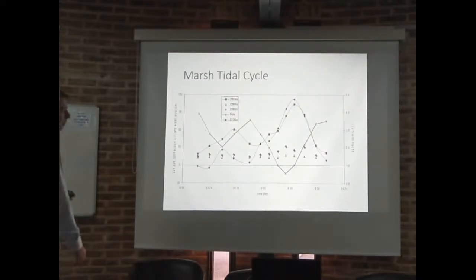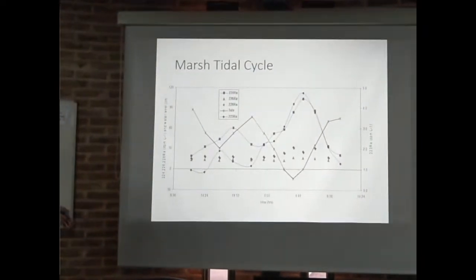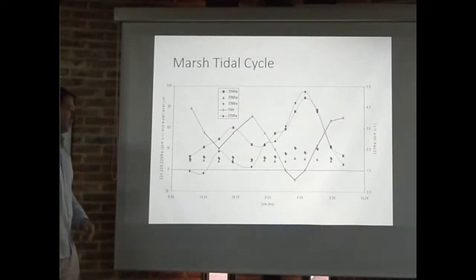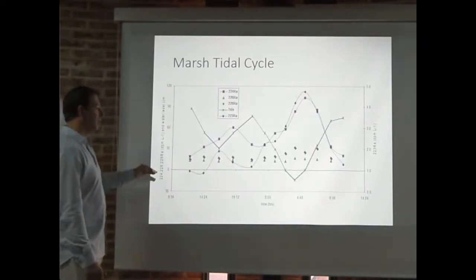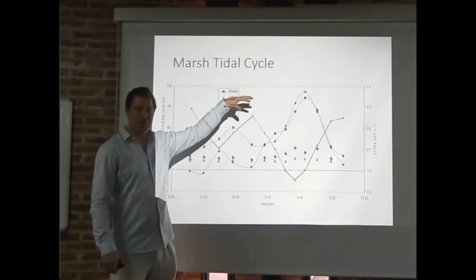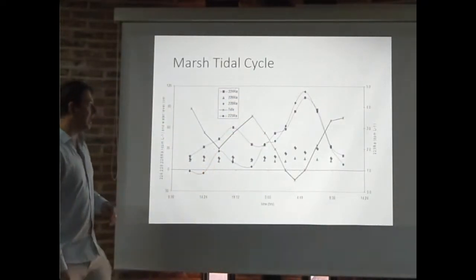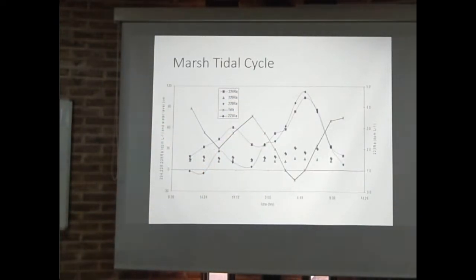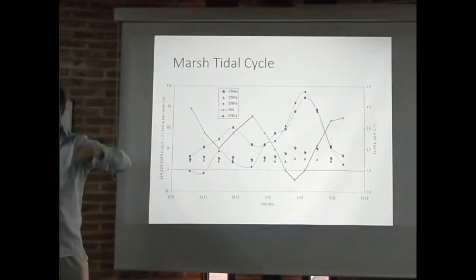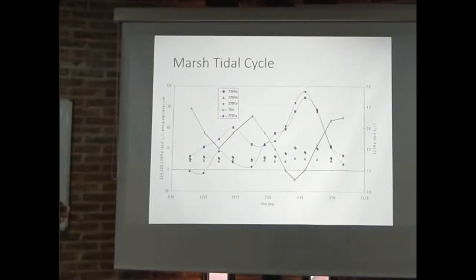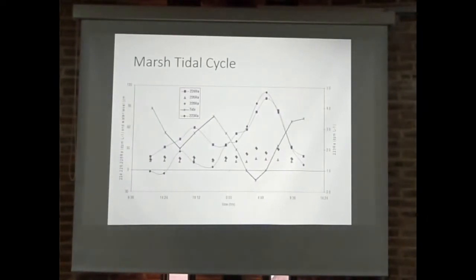We also have to do the marsh. So what that means is going out into the marsh and measuring a couple tidal cycles and seeing how the radium input changes as the tide goes up and down, and then being able to integrate that change over your tidal cycle and then multiply that by the area of the marsh.